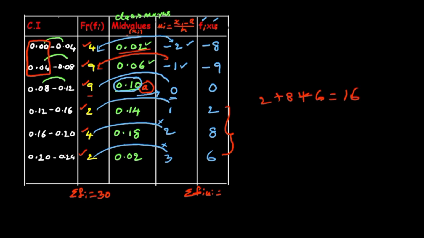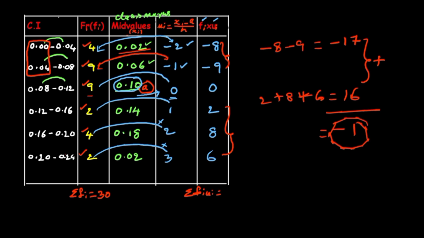Now you add the two negative values, minus 8 and minus 9. This is minus 17, negative 17. Now you add these two, then you will get minus 1. Minus 1 is the answer, so this minus 1 is sigma fi ui.